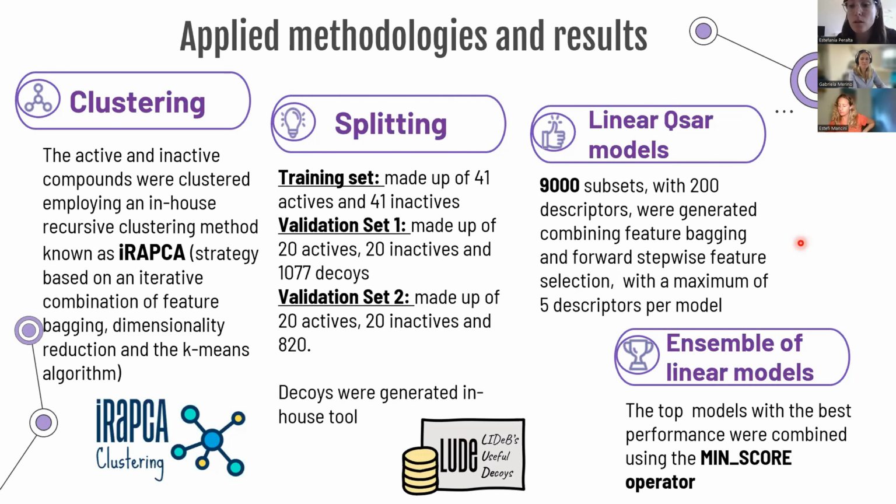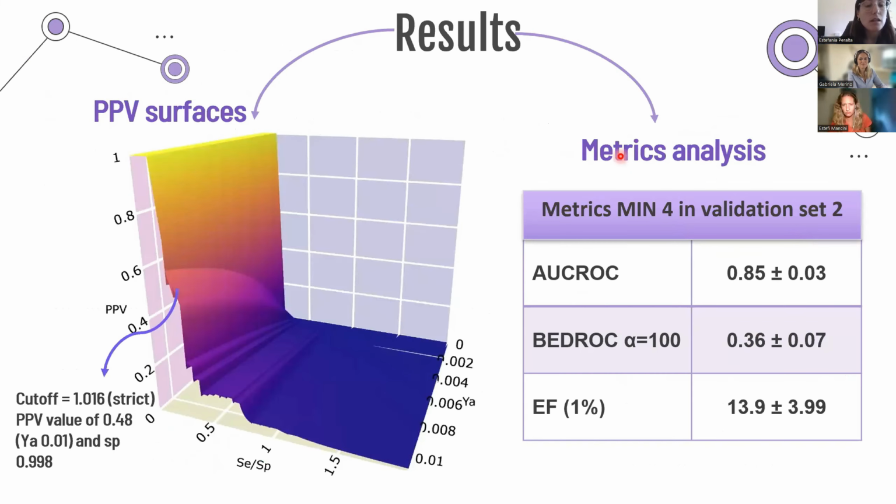The ensembles of the top 4 models were calculated and a graph with the number of models versus Youden and versus Bedroc was plotted.